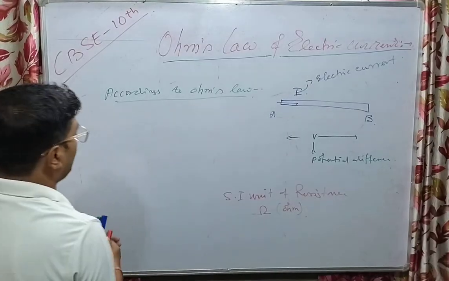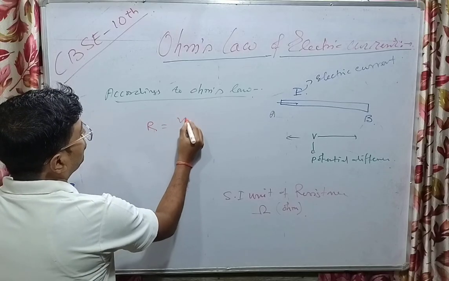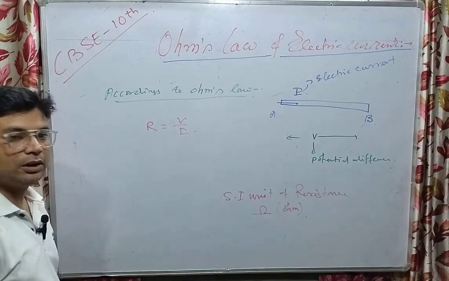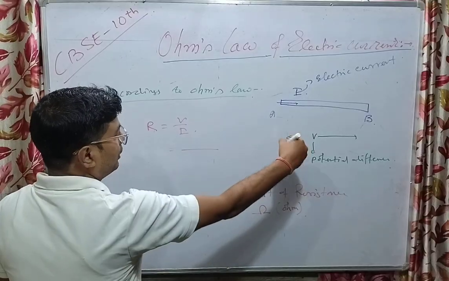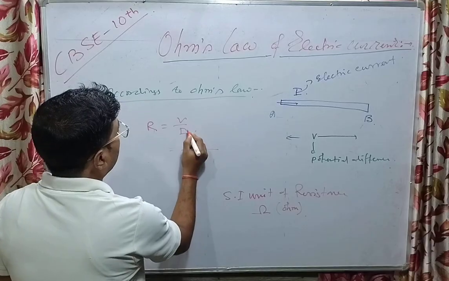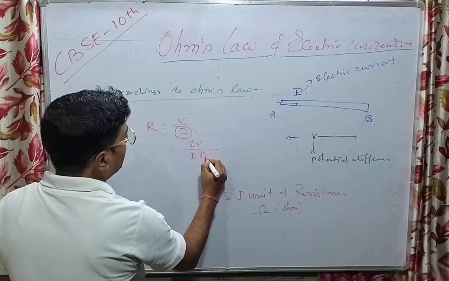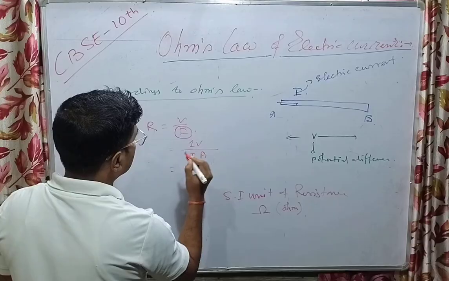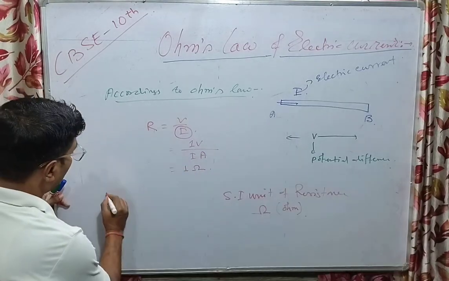From the relation of Ohm's law, R is equal to V by I. If the potential difference between 2 points of a conductor is 1 volt and the amount of current passed through that conductor is 1 ampere, then the resistance of the conductor will be 1 ohm.